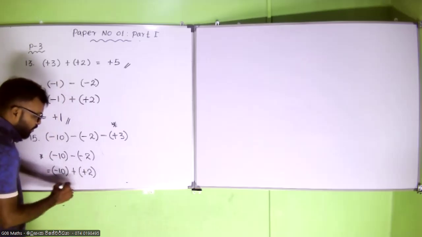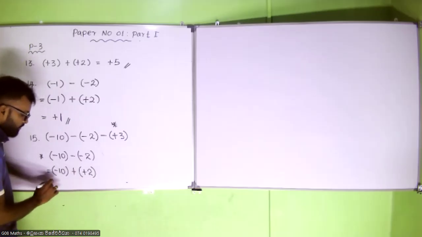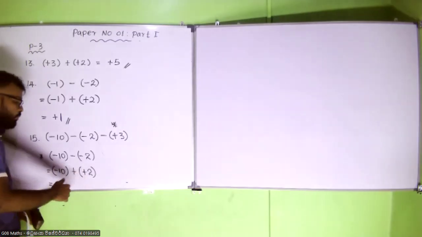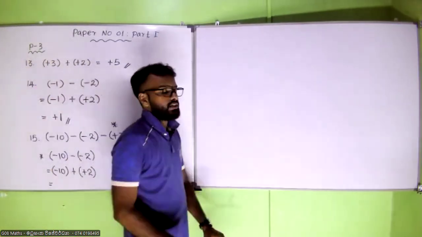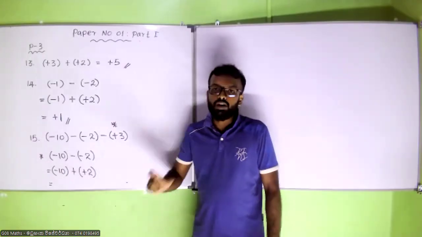So how to obtain the answer for this part? Are they different signs or same signs? Negative 10 and positive 2, different signs. Yes, super. Your answer is correct.